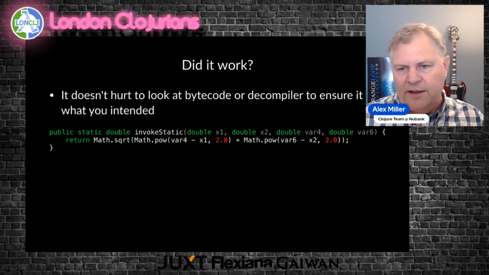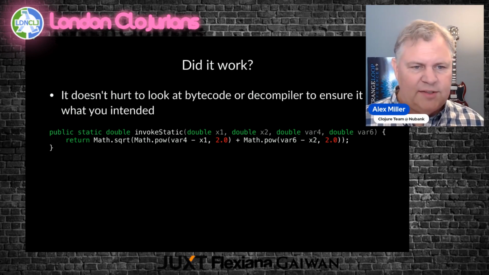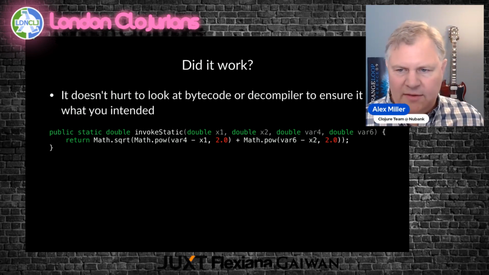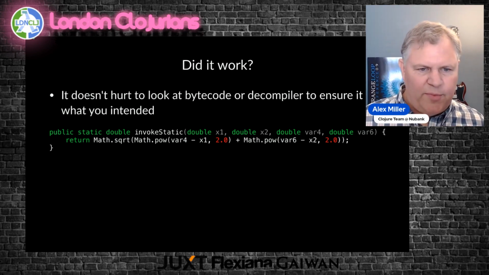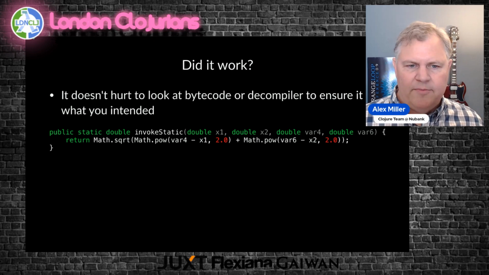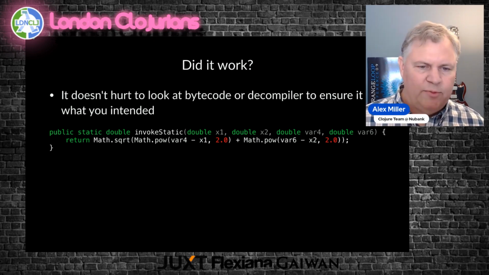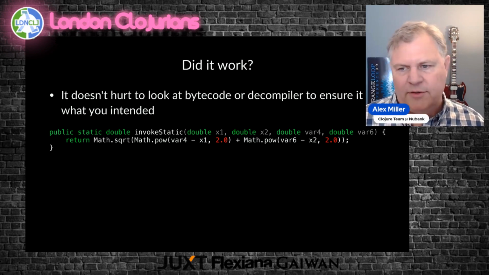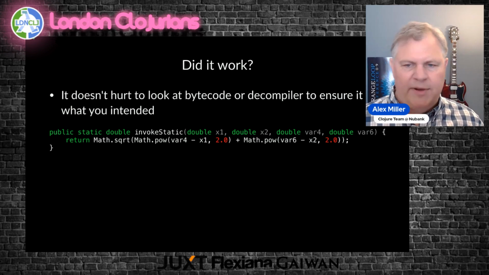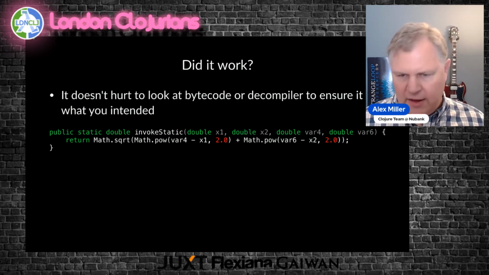And if you look at the decompiled version of this, this is what you'll see. The names are a little weird because of the decompiler, but you can see that it's basically the exact same implementation that you would have seen in Java. So I'm going to guess that's probably decent.